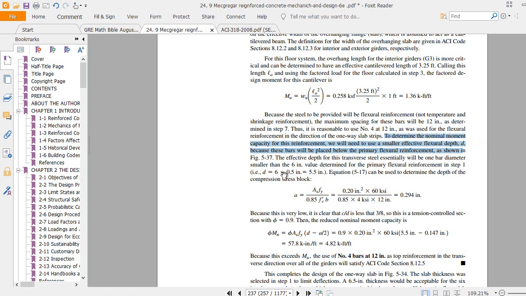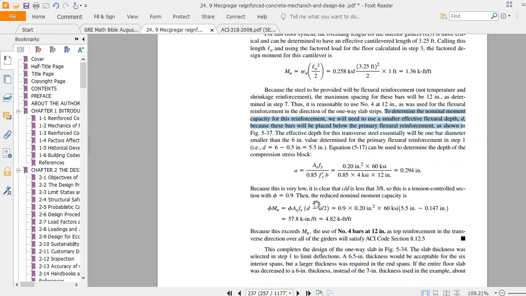That is why they are using the lesser effective depth. They calculate a, and then plug all the values in this equation. They calculate the nominal capacity, which is 4.82, and which is well above that value.